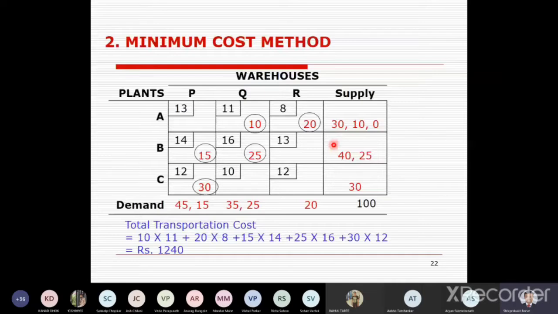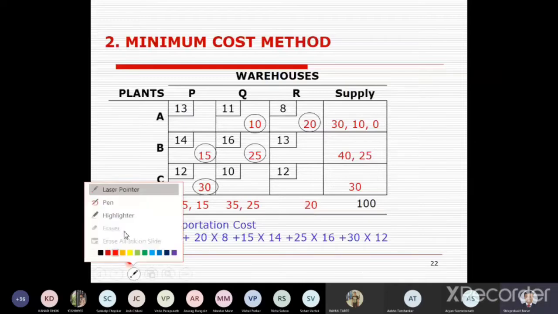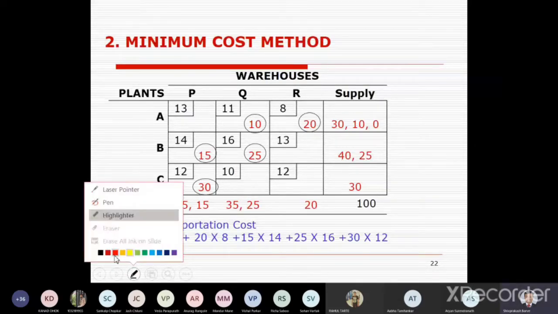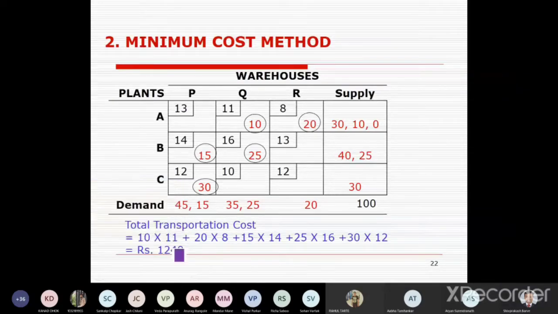Once you are allocating 20 here, now you see, once I am using all 20 units, don't consider this column for the next iteration because this capacity is over.